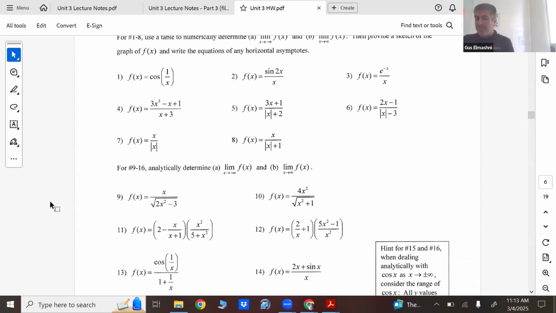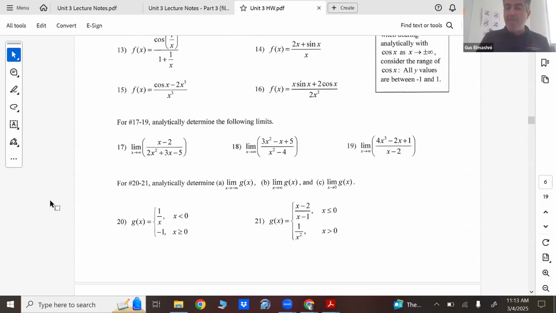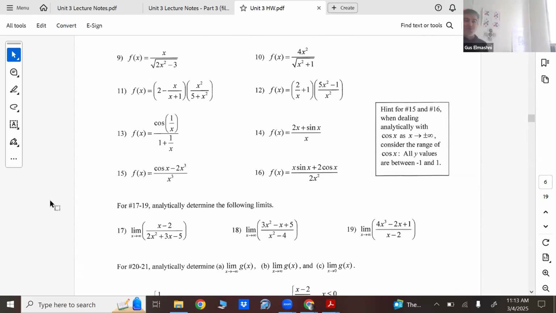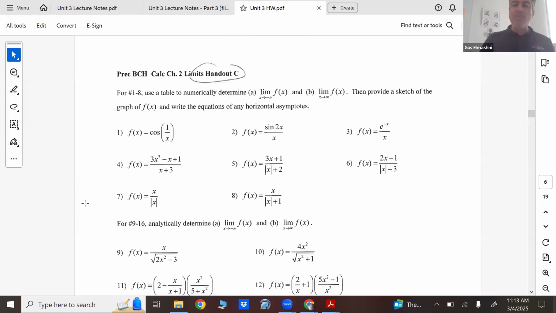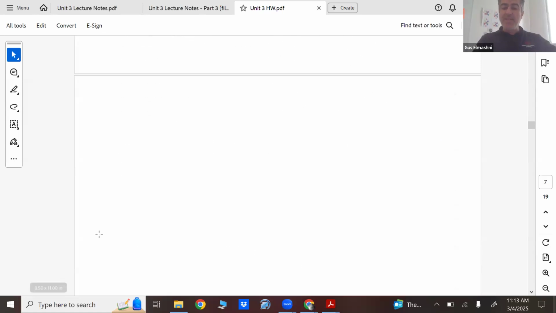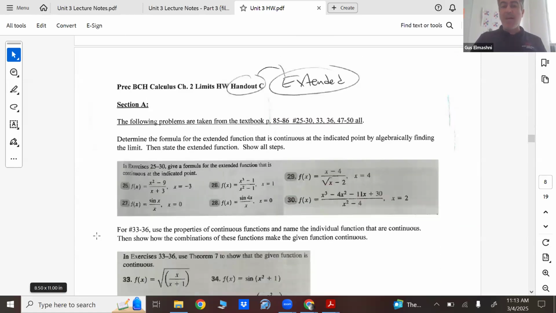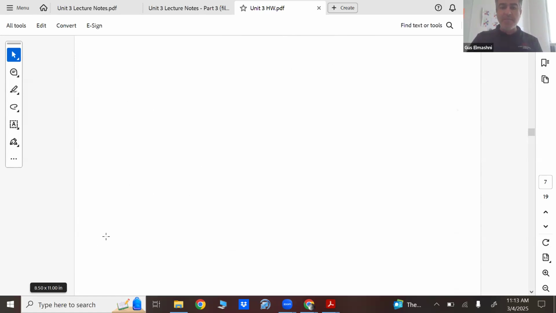Would that be fair? Or should I pick maybe every third problem? Multiples of 3? Since there are 21 problems, multiples of 3, we're okay with that? All right. We'll do multiples of 3. Fair enough. So we'll do 3 through 21, every third problem on handout C. There are 2 handout C's. It'll be the first handout C we have, not the extended, the first one.